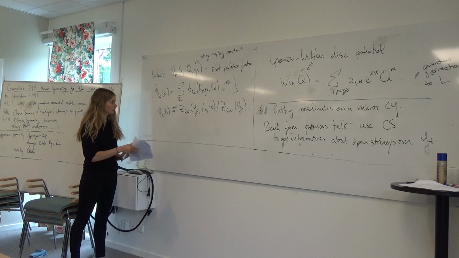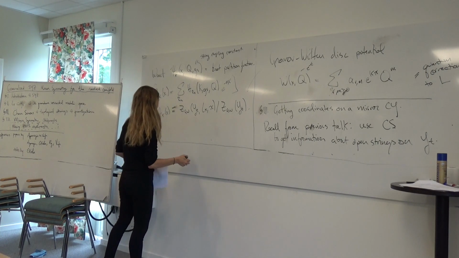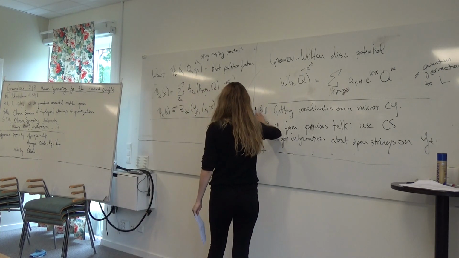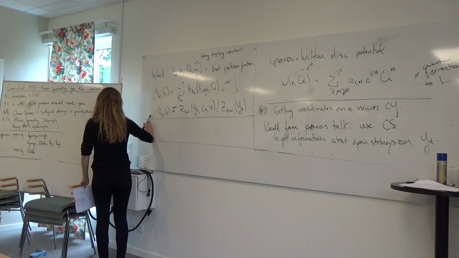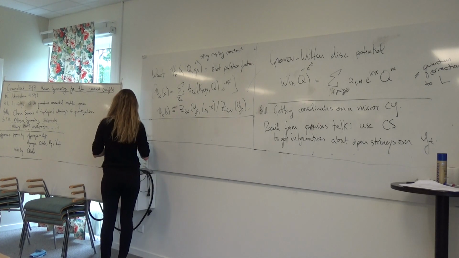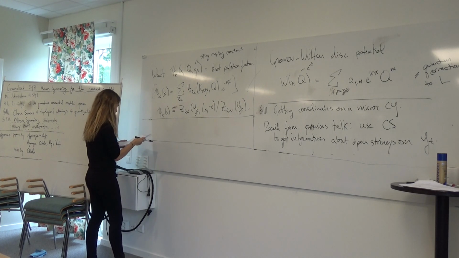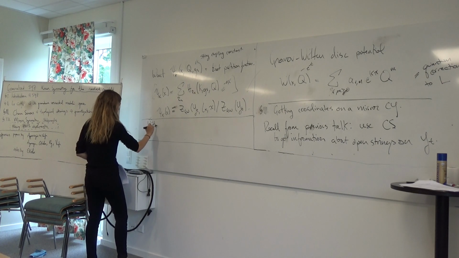Okay. But yeah, so now we have this very mysterious partition function. And we're going to start using different expressions for this thing to get out some coordinates on our moduli space. So what are we going to do? I guess this is an idea due to Witten.